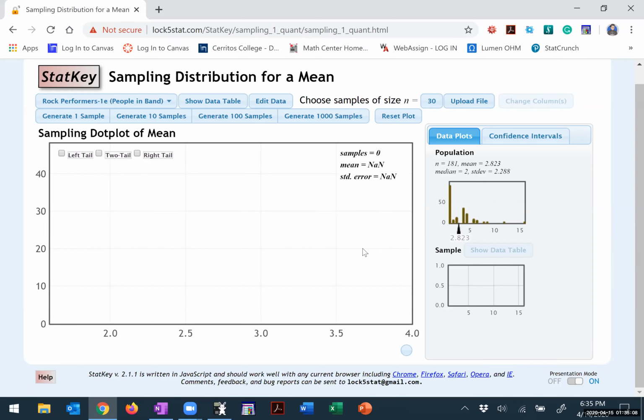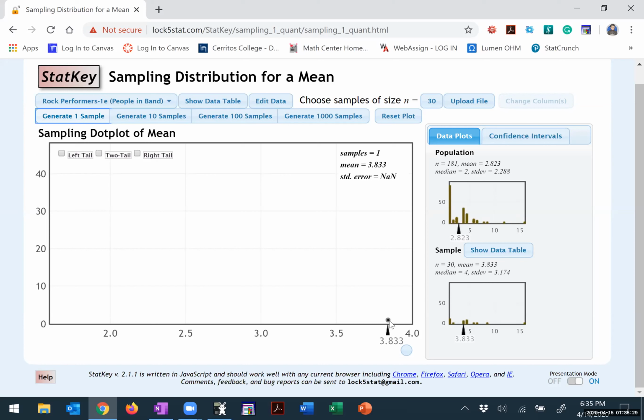But if I take enough of these means, what should the distribution look like? It should hopefully approximate a normal distribution. This is just one data point.